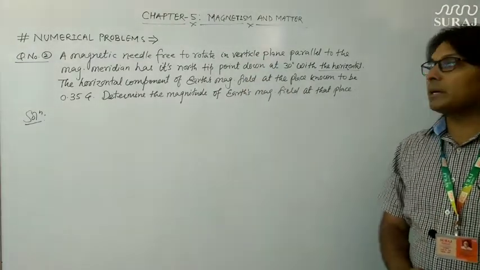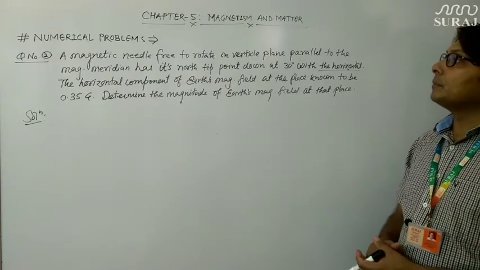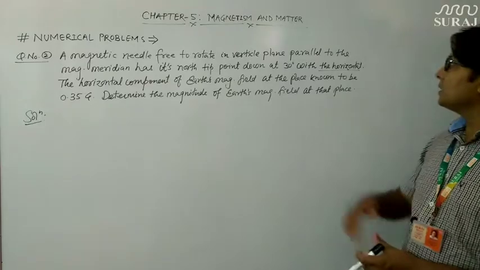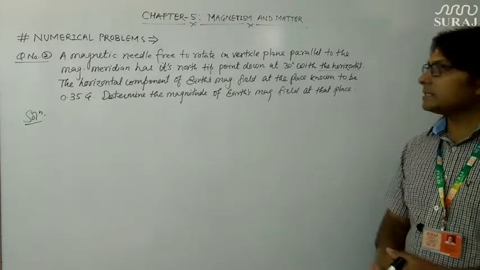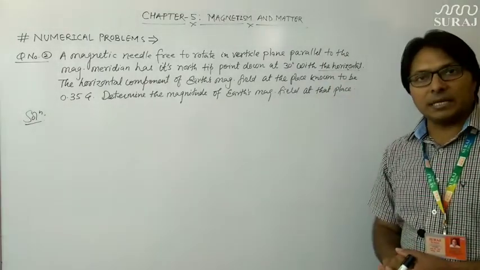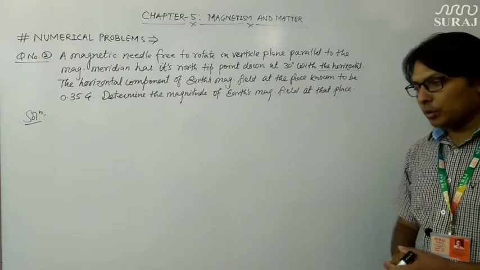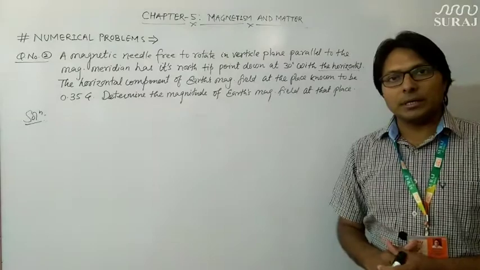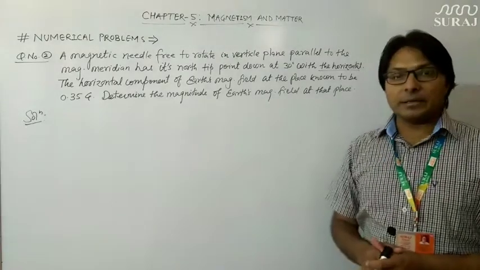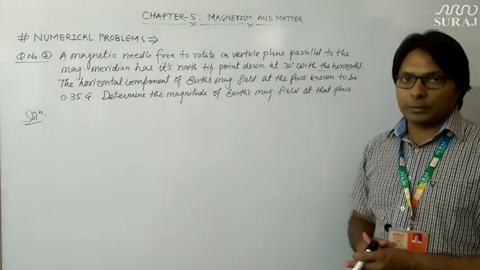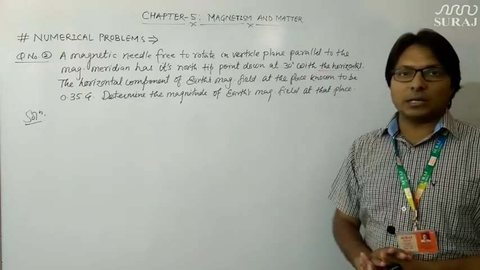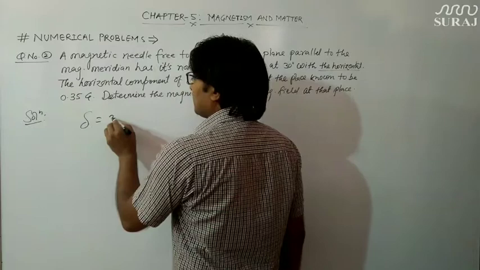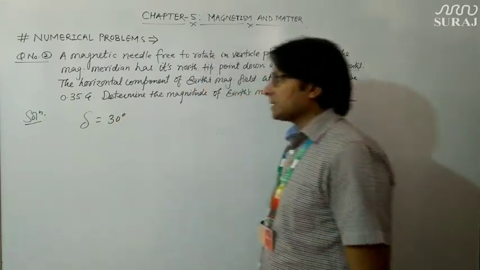The angle made by the needle of this compass with the horizontal is 30 degree, meaning this angle is the angle of dip. We know the angle made by Earth's magnetic field to the horizontal in the magnetic meridian is known as the angle of dip. So this has been given as angle of dip, denoted by delta, equal to 30 degree at some place.